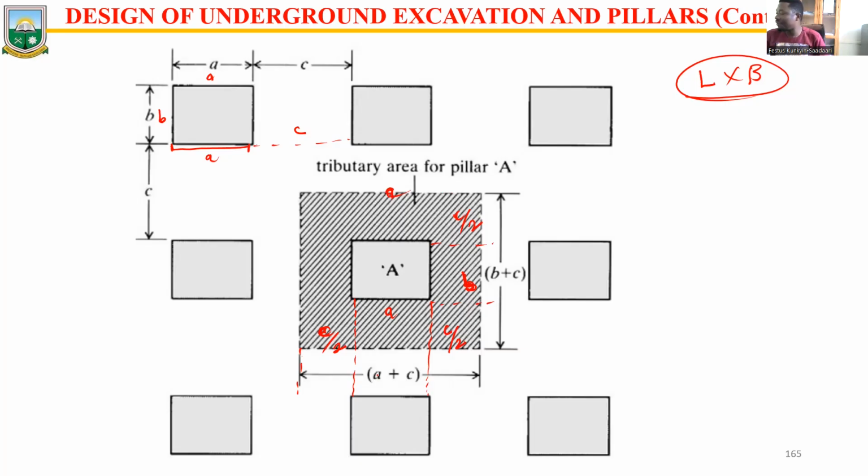And that is why we have A plus C. And when I get here too, this pillar has taken half of C and half of C. So half plus half is 1. And so it is going to be B plus half of C plus half of C. This together will give me B plus C. And that is what is written here.